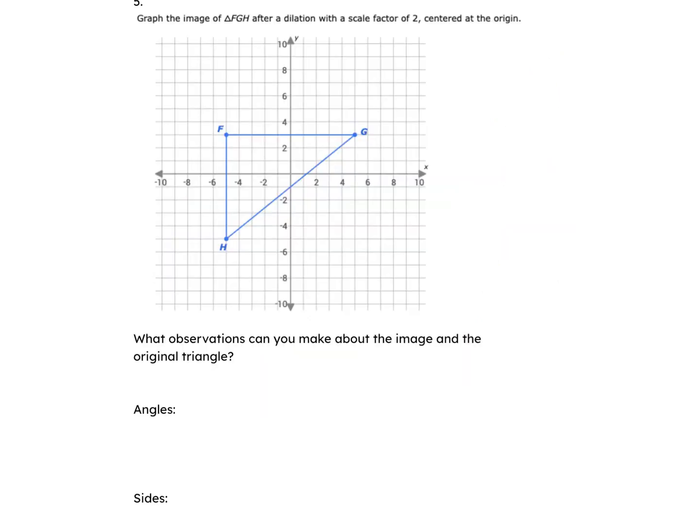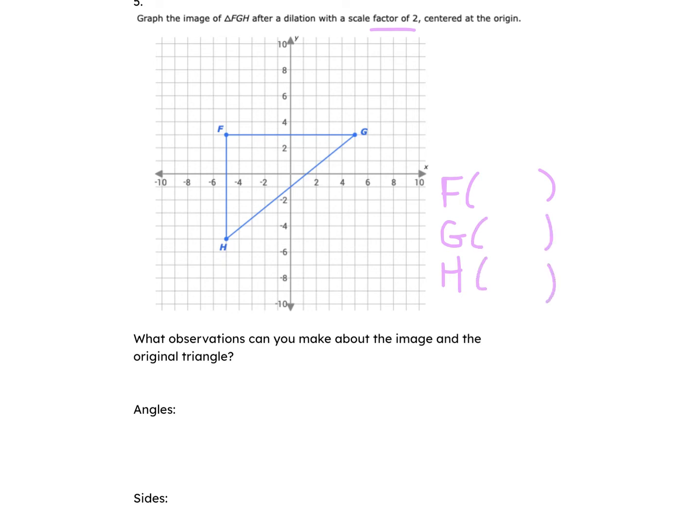Graph the image of triangle FGH after a dilation with a scale factor of 2 centered at the origin. If the scale factor is 2, that means it will enlarge our original image. So to perform this dilation, FGH, we would first have to look at the original ordered pairs.